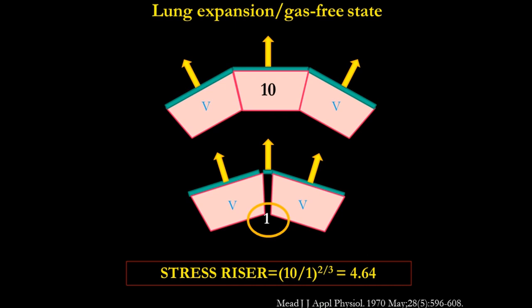Now I completely collapse one of these units, and the same applied force has to sustain also the load that was sustained by this unit. So I have a greater force here, and this acts as a multiplier of force.